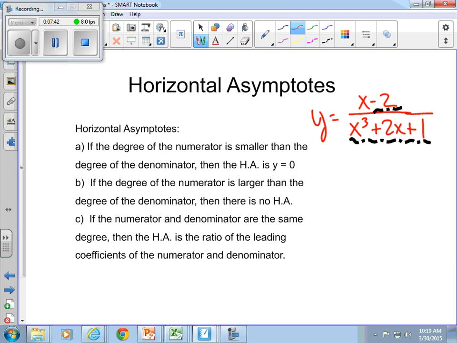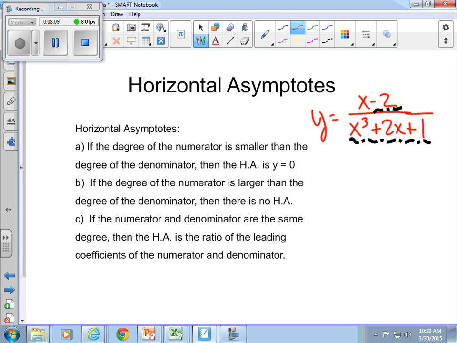As x gets really, really big, what does x over x cubed do? It would simplify to 1 over x squared. If numbers get really, really big on the bottom, what kind of numbers do you get when you get really big numbers on the bottom of a fraction? Small numbers, like 1 over a million.